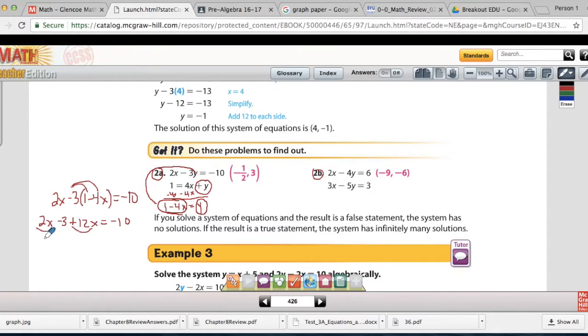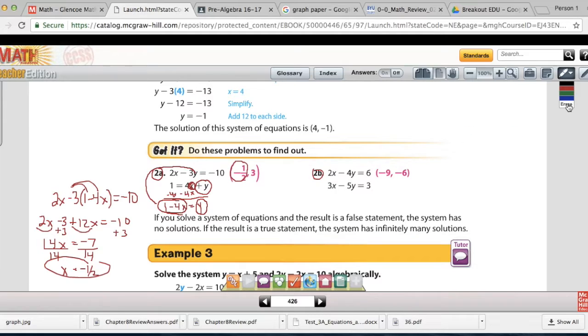2x plus 12x is 14x, and then add 3, negative 10 plus 3 is negative 7. Divide by 14, x equals negative 1/2. So if x is negative 1/2, I can put that in for x here.